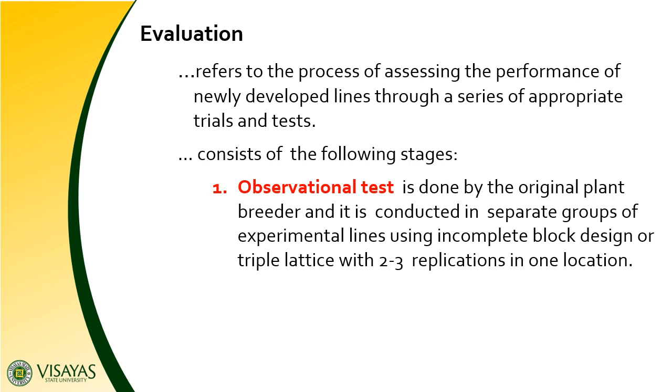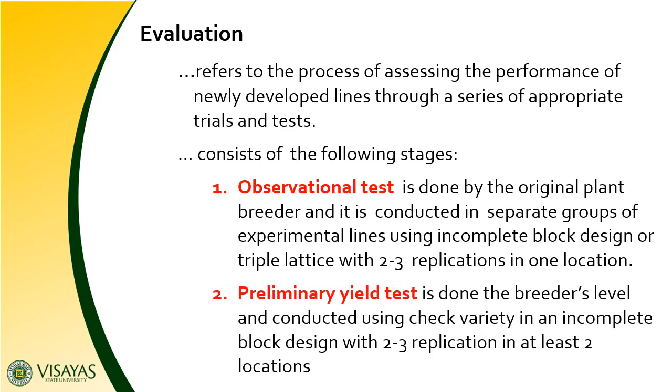This is done by the original plant breeder and it is conducted in separate groups of experimental lines using incomplete block design or triple lattice with 2 to 3 replications in one location. So that's the first test or evaluation. And then next, you have the second evaluation, which is the preliminary yield test. This is also done at the breeder's level and conducted using check varieties in an incomplete block design with 2 to 3 replications in at least 2 locations.